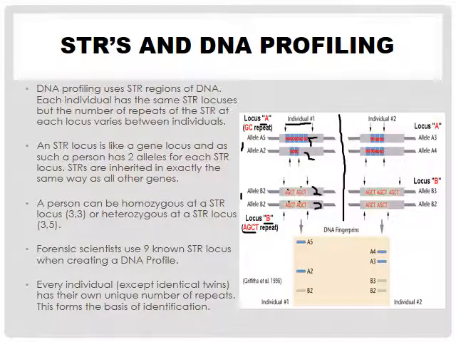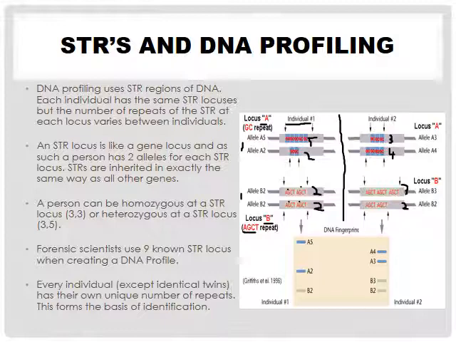So we could say individual 1 is heterozygous at STR locus A, but is homozygous, meaning 2 of the same alleles, at STR locus B. Compared to individual 2, he's got 3 repeats there, 4 repeats there. At STRB locus, he's got 1, 2, 3 repeats of AGCT and 2 repeats of AGCT in his second allele. Because it's the same locus, even though it's in 2 different people, it's still the same sequence getting repeated. The only thing that differs is how many times it repeats.